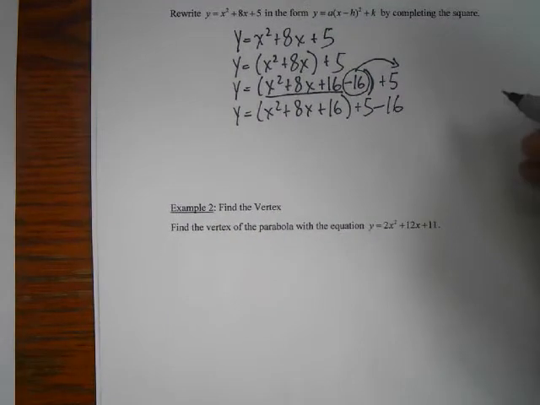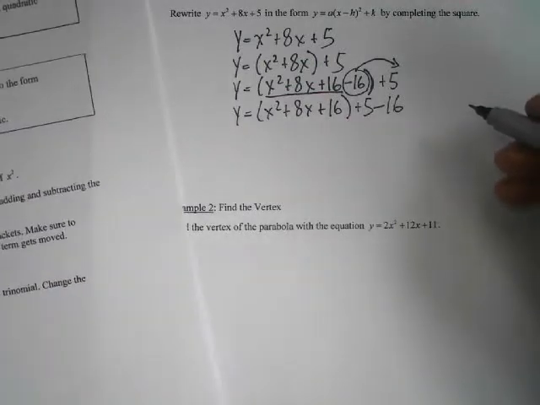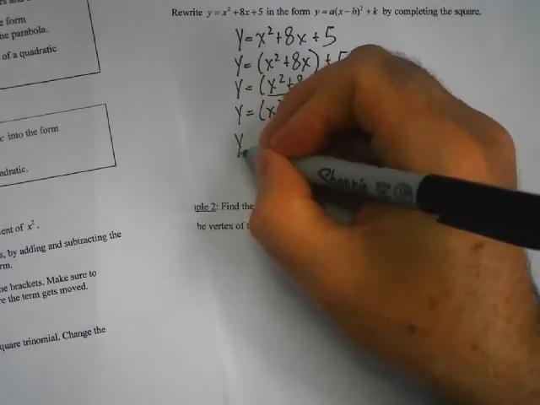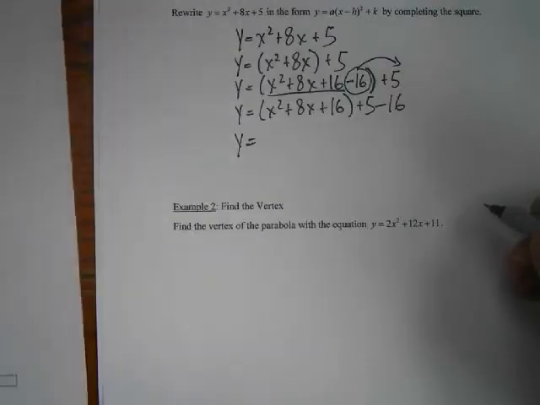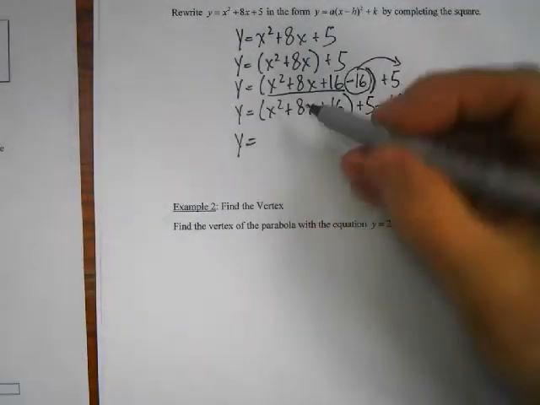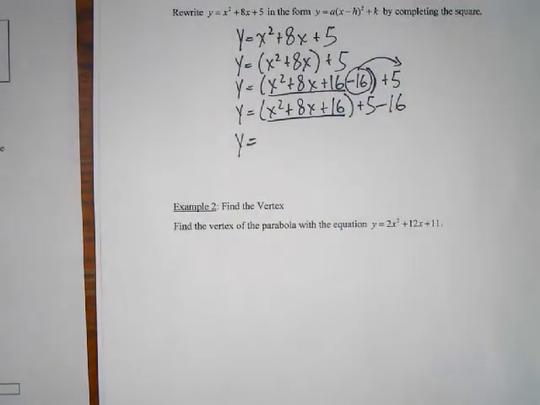Now the last part, we're almost done. This is the last step, and we do two things. We recognize the fact that this is a perfect square trinomial. We created it.